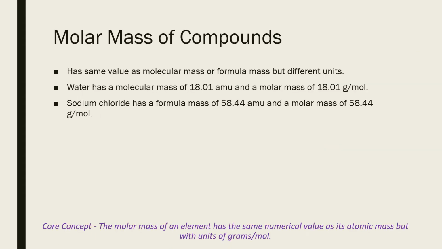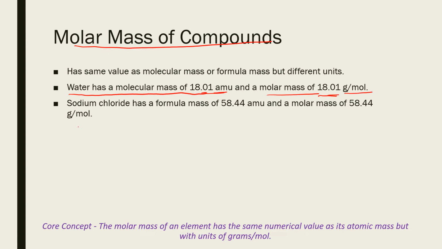Similarly, the molar mass of a compound has the same numerical value as its molecular or formula mass, but the units are grams per mole. For example, water has a molecular mass of 18.01 AMU, thus its molar mass is 18.01 grams per mole.